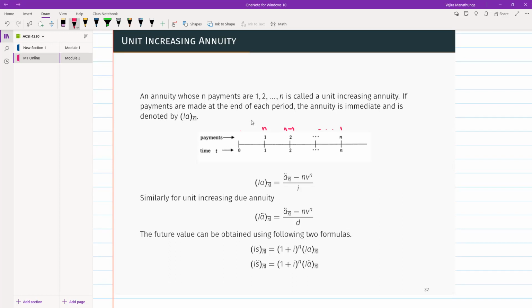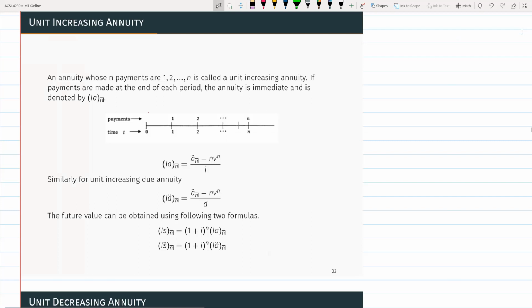What we are going to do is first derive a formula for the general arithmetic progression sequence, so then we would get all these special setups. So let's think about the most general one. You can have time 0 here. This is for immediate.